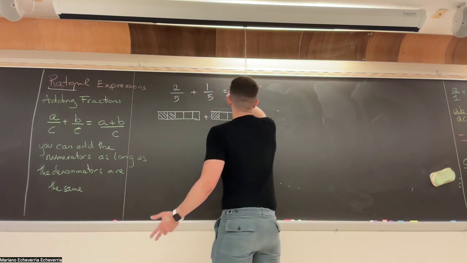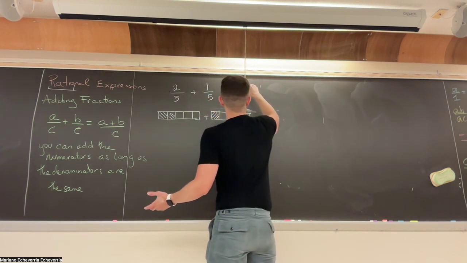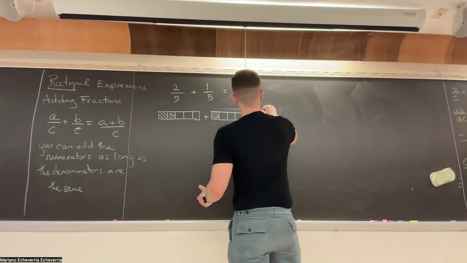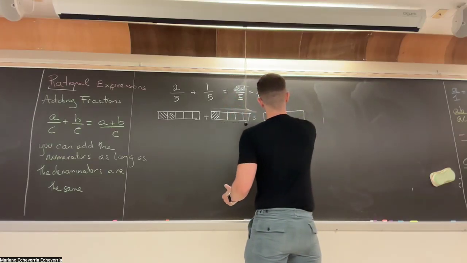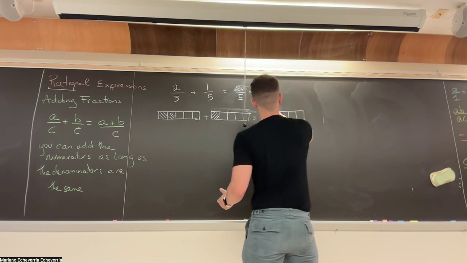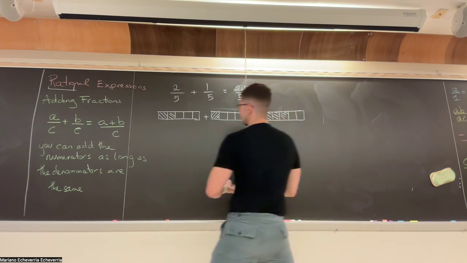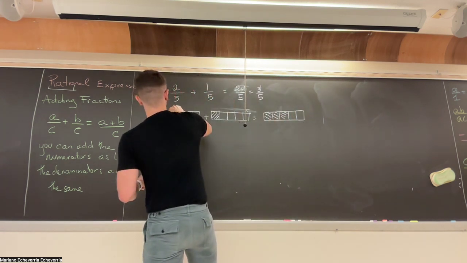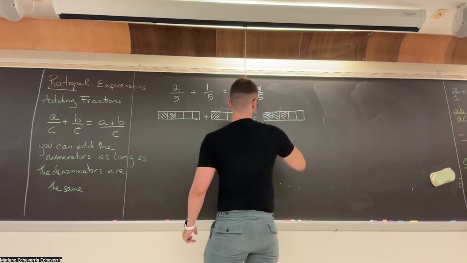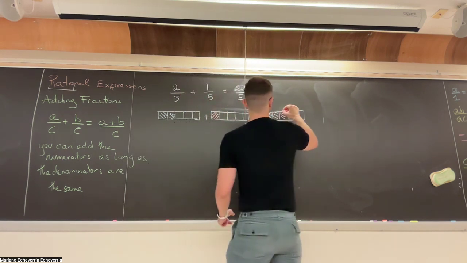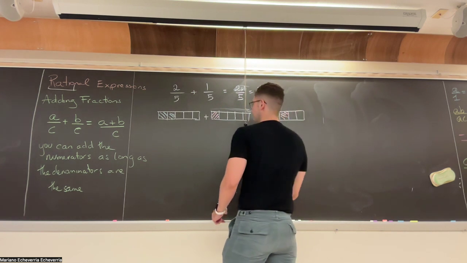Or actually 2 plus 1 over 5, which is 3/5. I'm doing it with positive numbers just to show you how it goes.